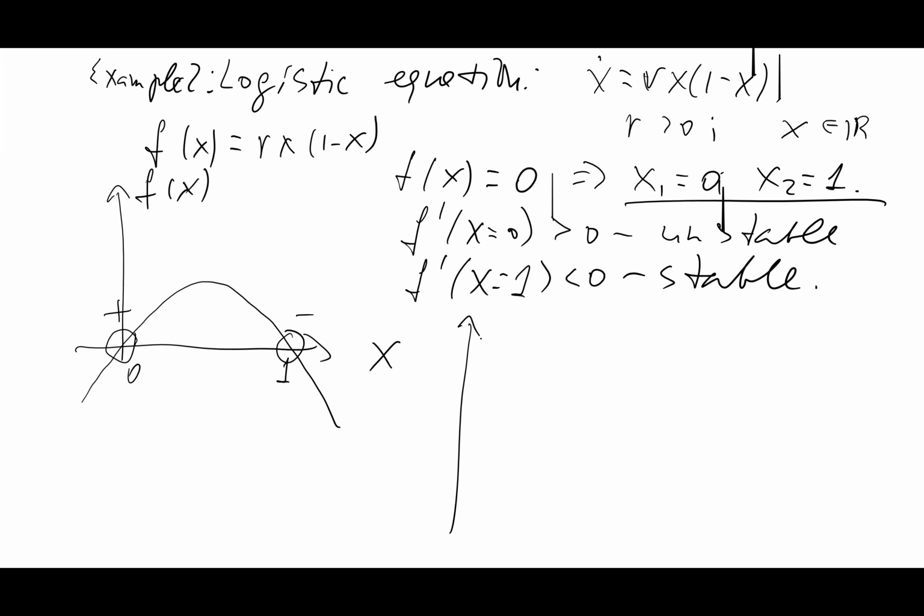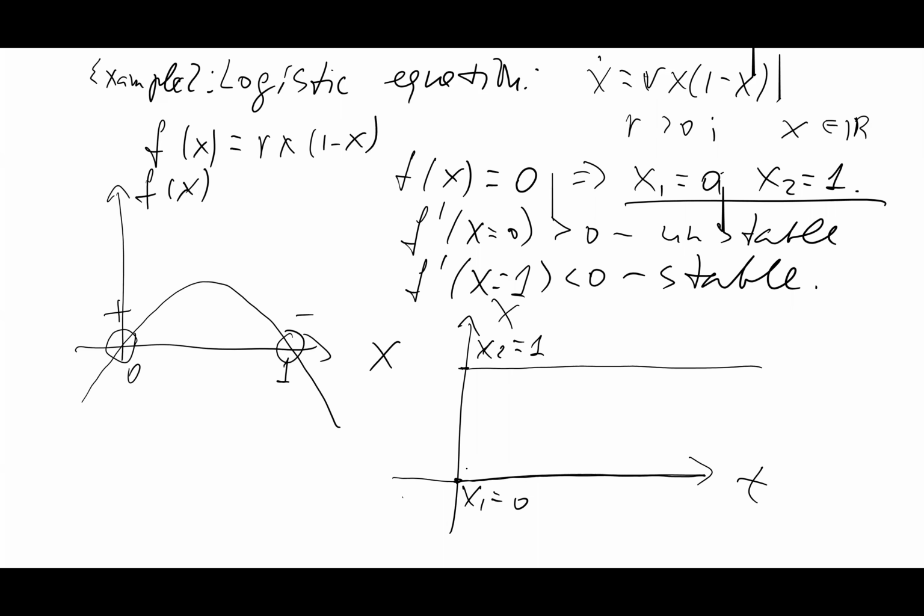Therefore, we can put it like this. This is time, this is x. So this is x1 equal to 0. This is x2 equal to 1. What we know, this is a stationary solution. This is a stationary solution. We consider solutions for positive time only, for example.